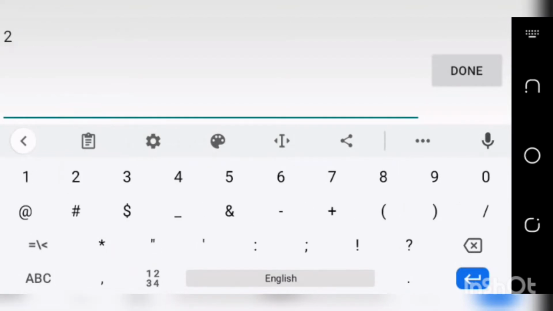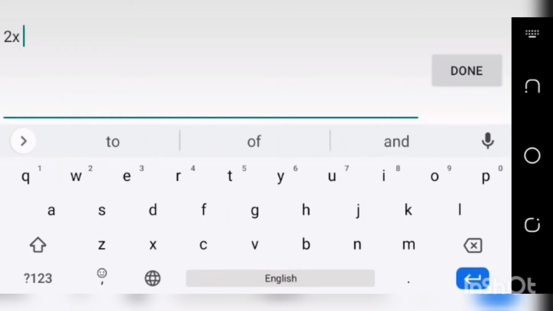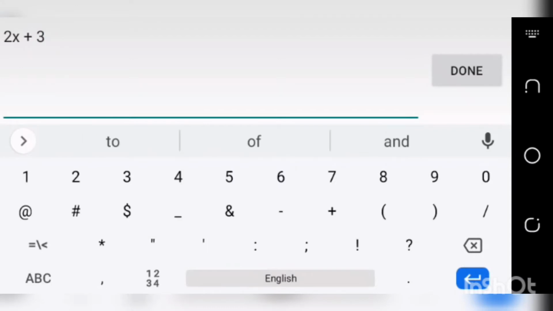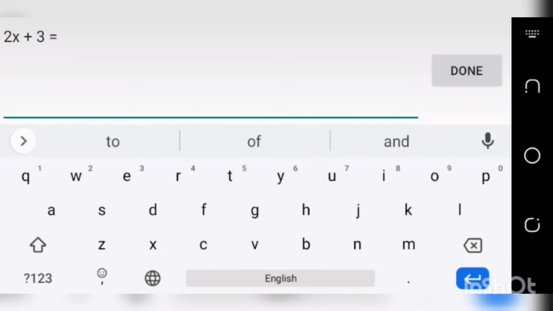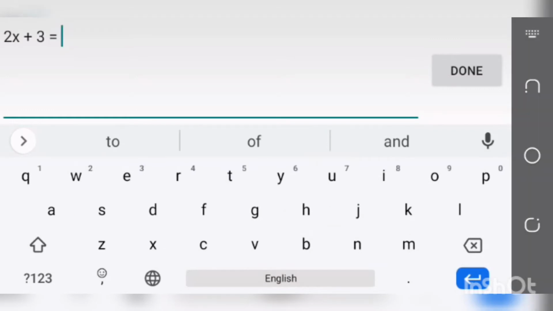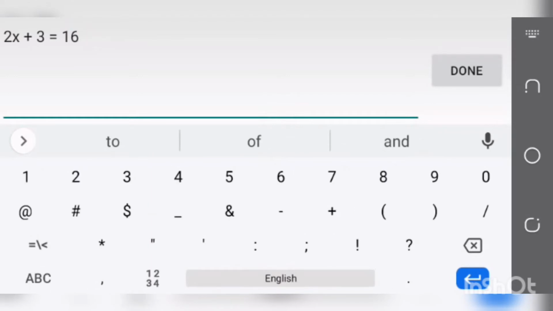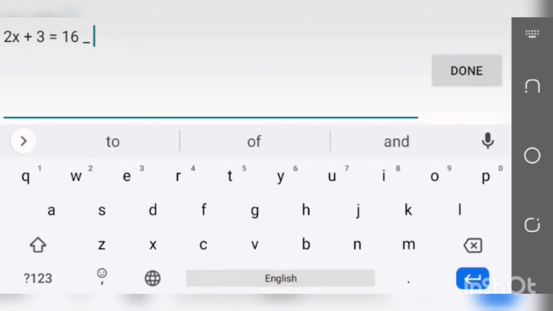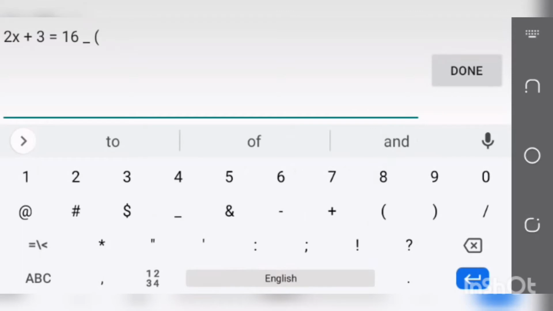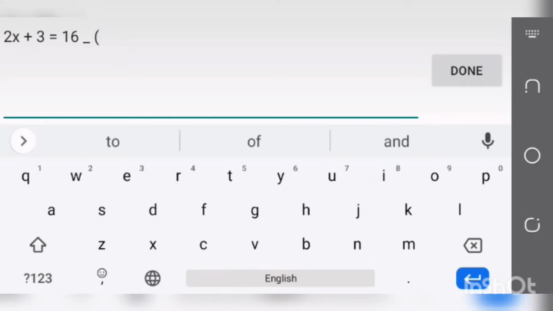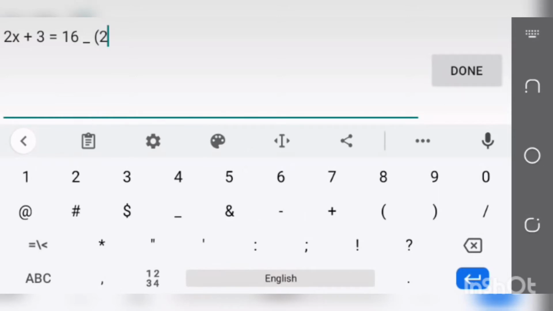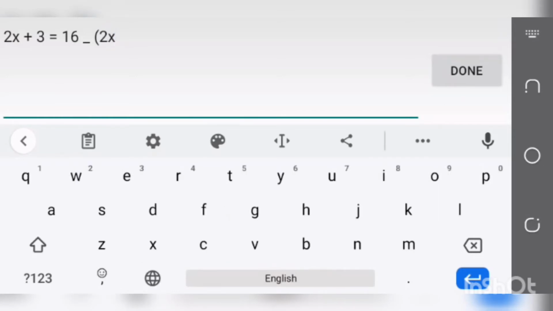Let's start. That is the question: 2x plus 3 equal mark is for the equation, equals 16 minus, bracket open, 2x.